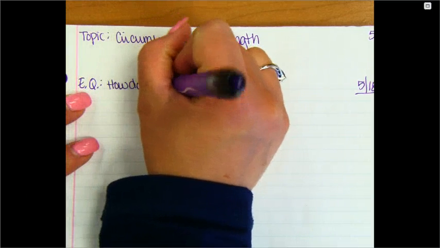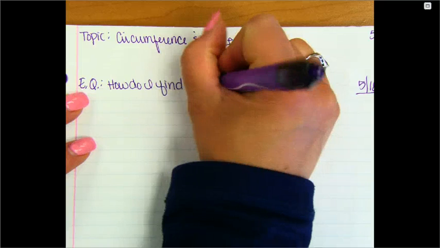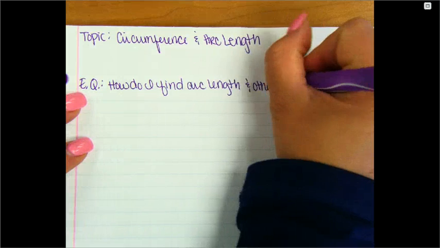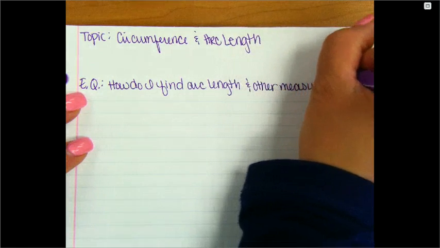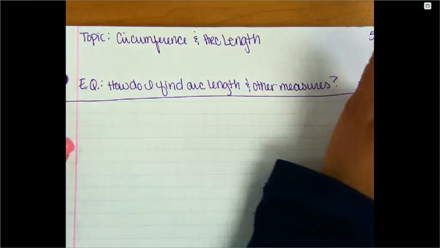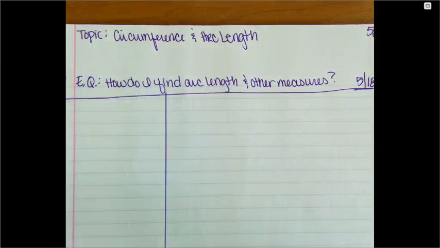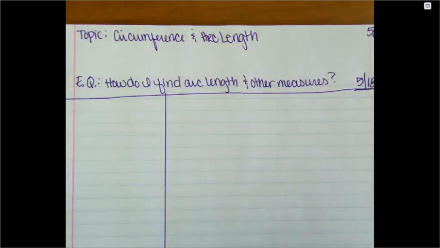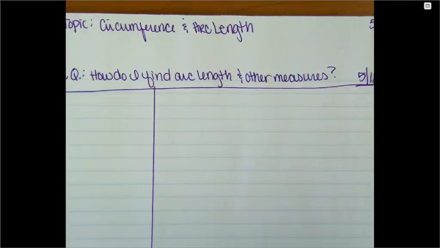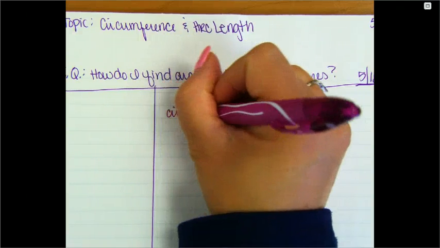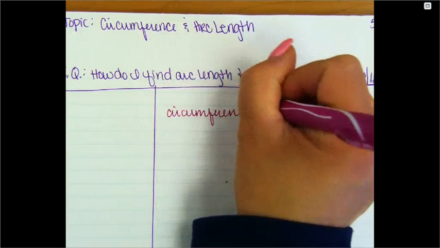All right, how do I find arc lengths and other measures? I'm going to start with the word circumference.